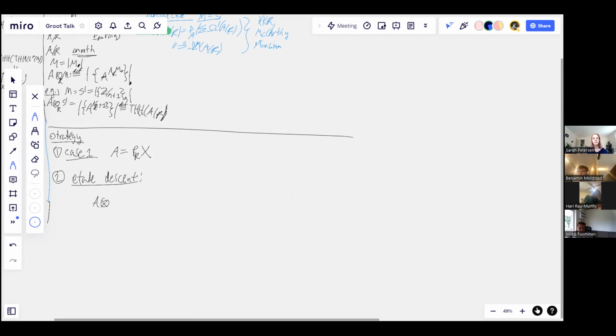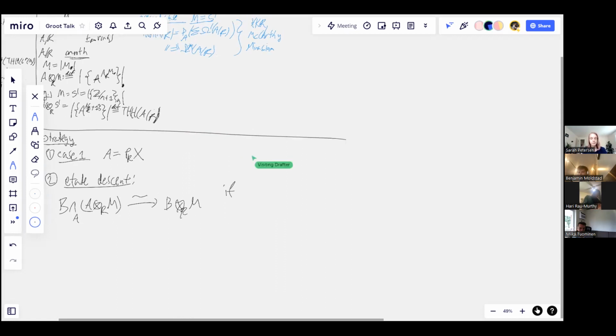If I have A tensor over R M, and I have an A algebra B, then this is equal to B tensor over R M if B over A is étale.